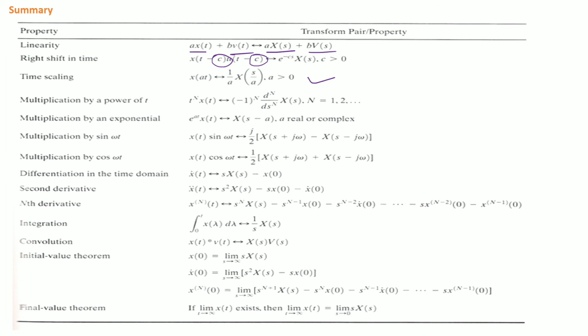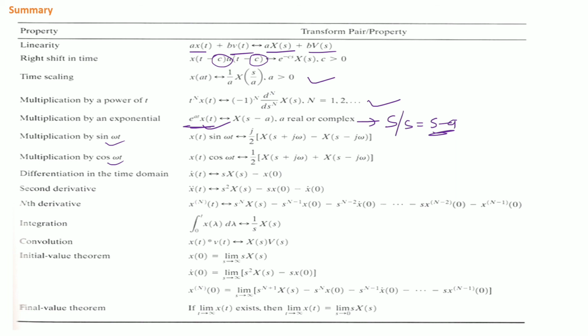Similarly with time scaling, and multiplication with a power of t, then we have to do differentiation. For multiplication with an exponential, we simply put s equals s minus a, as you can see over here. Similarly for multiplication with sin omega t and cos omega t, and these are the set of values.